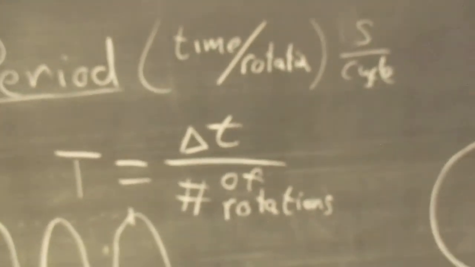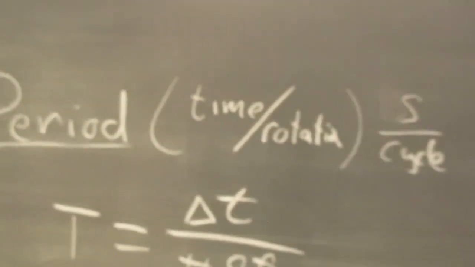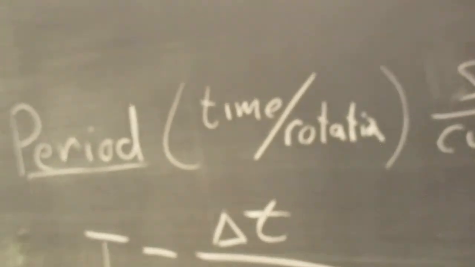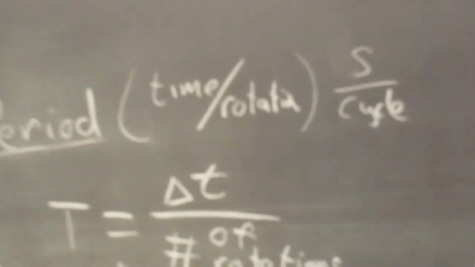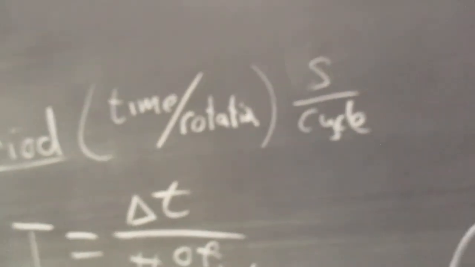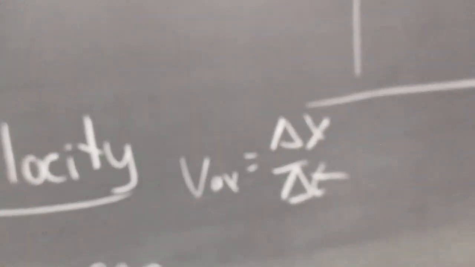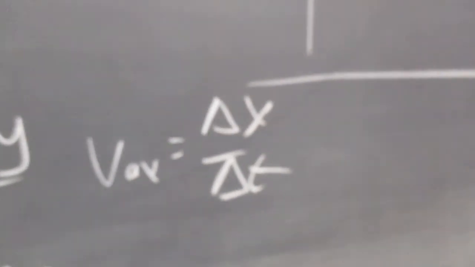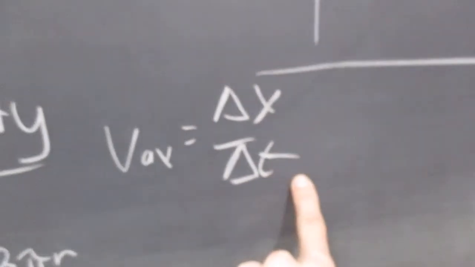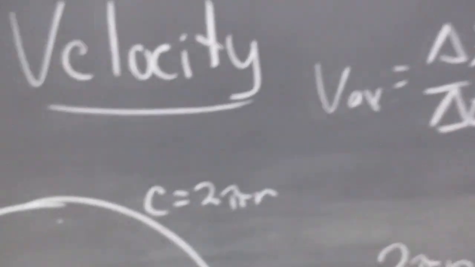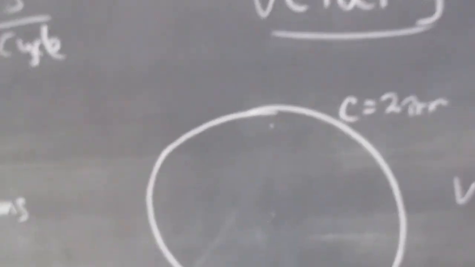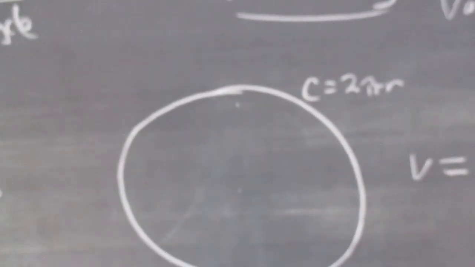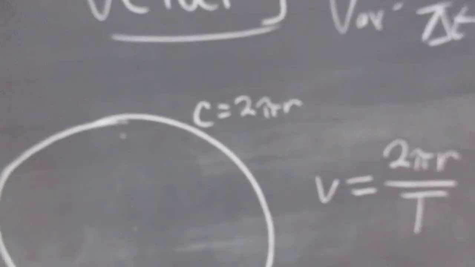From period, we can calculate speed. We know the period is the time it takes to complete one rotation. To find velocity or speed, we know it's the change in distance over change in time. How much distance does it travel? One circumference of a circle, in one period of time.